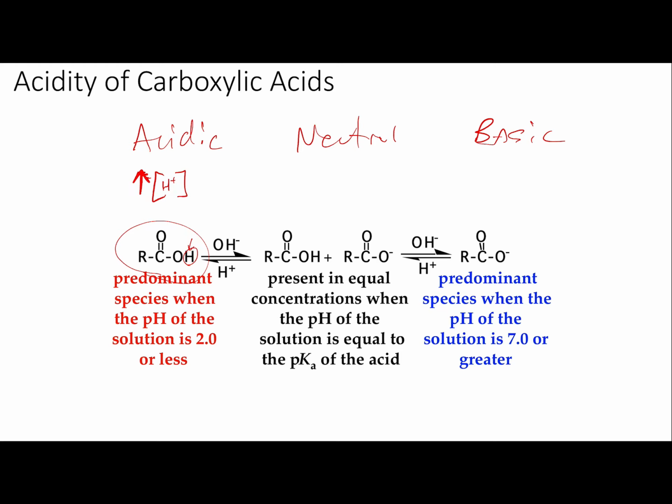A neutral solution, we should expect sort of an equal concentration of the protonated and the deprotonated, or what we'll call the conjugate base form of the acid. And we can actually call this something too. This is a carboxyl group. This is carboxyl, right? This is carboxylate.